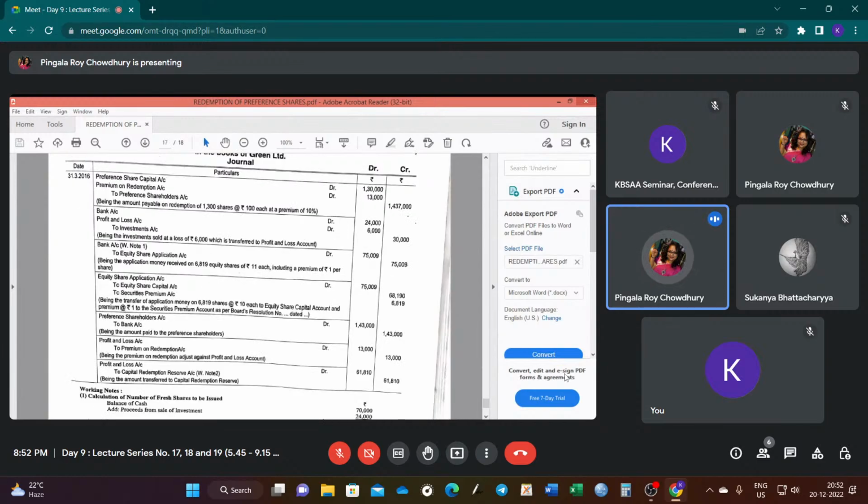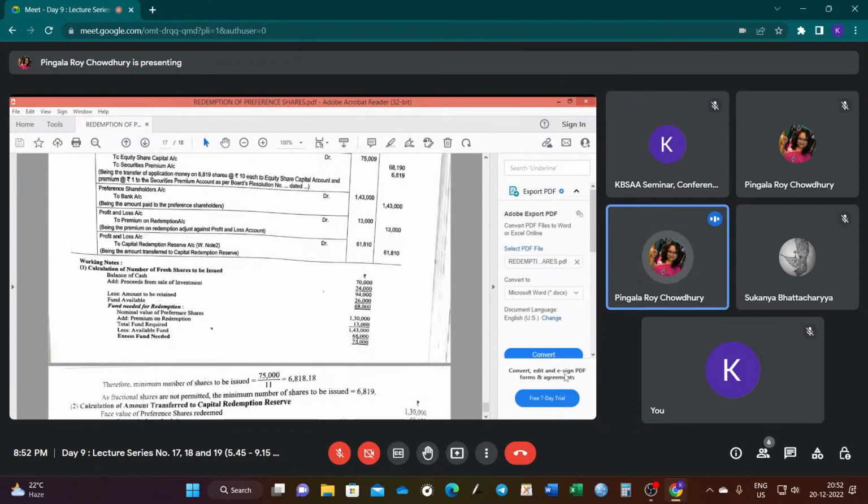Now we need 75,000, which is inclusive of the premium of 13,000. Why are we doing it this way? Because here we are utilizing the company's funds for redemption. So we need a total of 1,43,000, out of which 68,000 is already available from company funds. So we need 75,000.